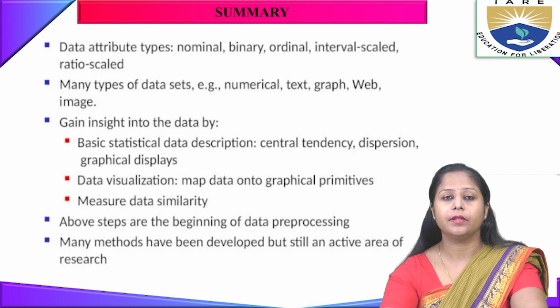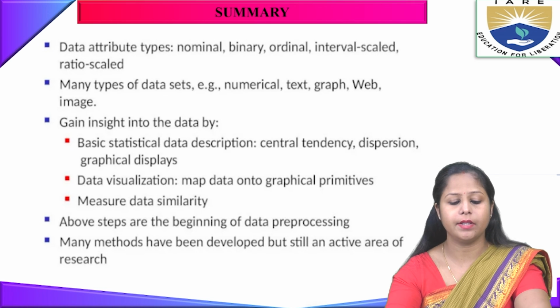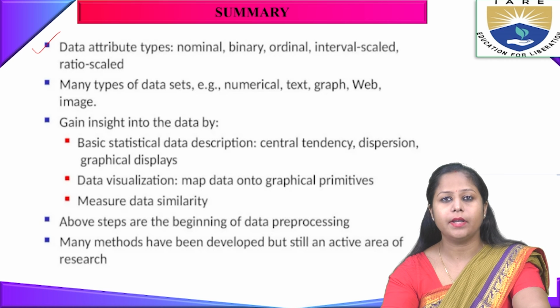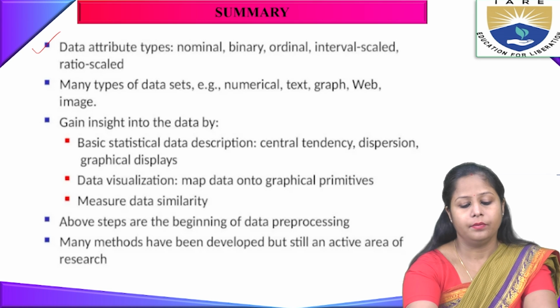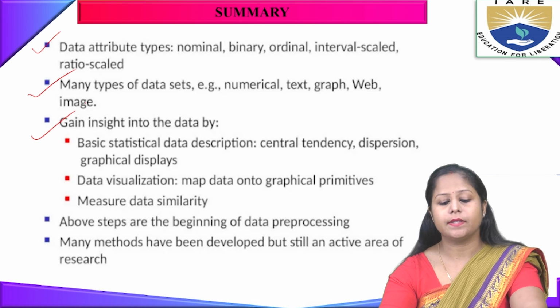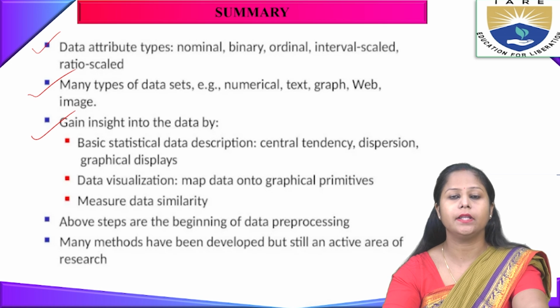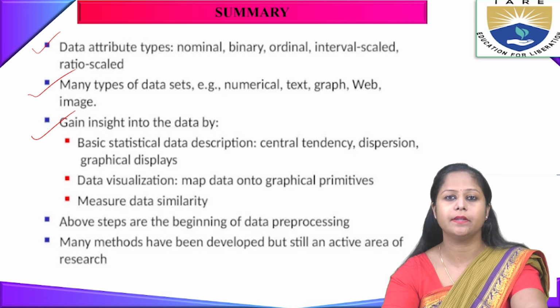So we have covered various types of attributes like nominal, binary, ordinal, interval scaled, and ratio scaled. We have also covered many types of data sets like numerical, text, graphs, and web images. We gain insight into the data by basic statistical data description, that is nothing but central tendency, dispersion, and graphical displays of the data objects.